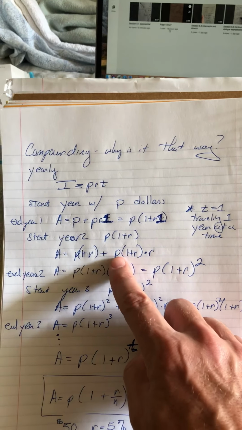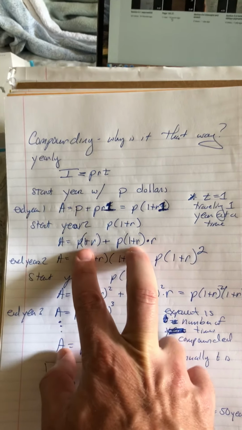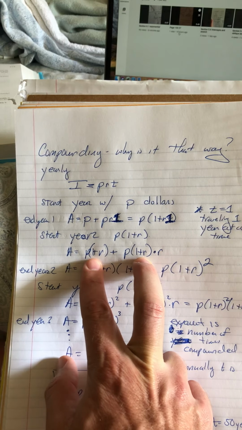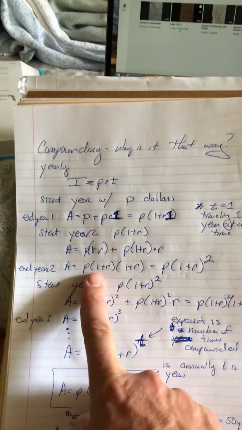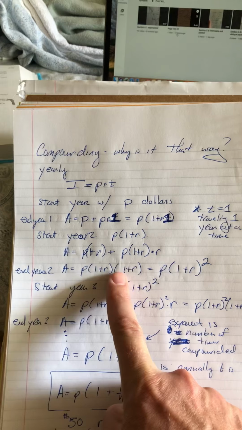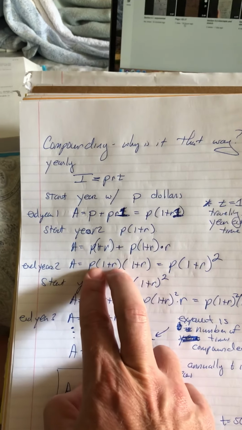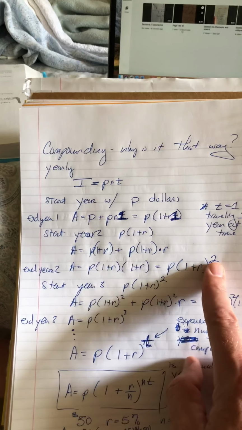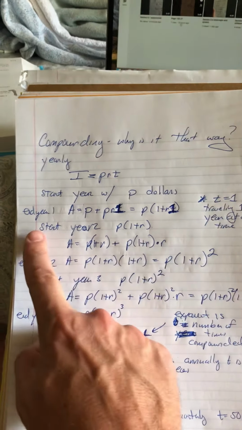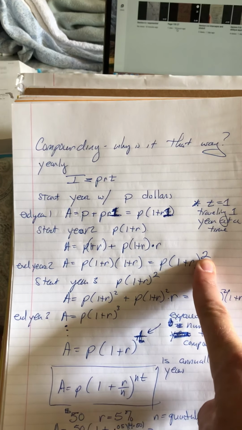So we have P times 1 plus R times R. Now you'll notice, again, that principal amount is the same amount in both of these terms. So we're going to factor that out, and we're going to be left with a 1 plus R. Well, that 1 plus R and that 1 plus R are the same 1 plus R, so they'll come together and we'll have it to the second power. So at the end of year 2, we have this to the second power.